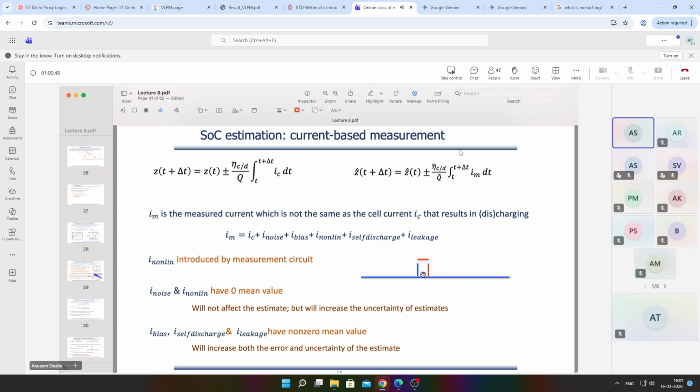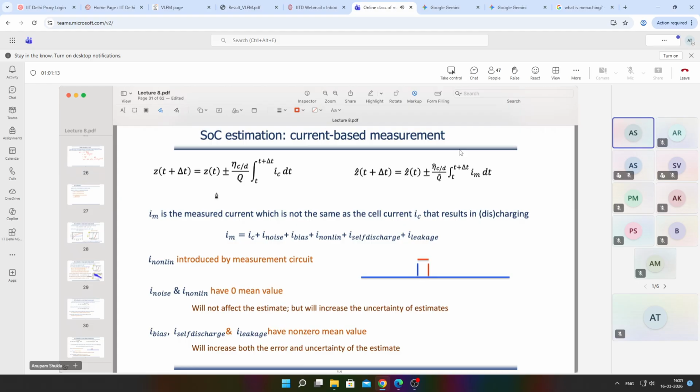However, remember that I do not know this value, the true SOC, because if I knew the true SOC, I would have no need for this estimation method. So I do not know this blue vertical line. What it also means is that I don't know this horizontal line, which is the error. Why? Because it is the distance between these two points, and I do not know one of the points.